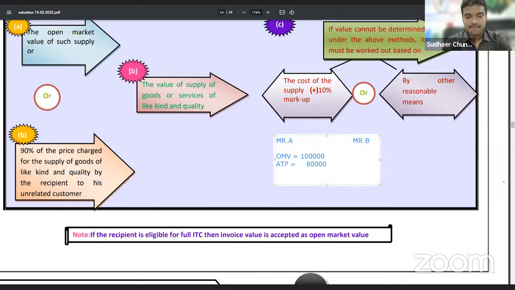If Mr. A and B are related, now tell me, sir, on which value do we have to pay GST? On 1 lakh or 80,000? Whenever the seller and buyer are related persons, then what do we need to see? In such a case, the open market value will be regarded as the value of supply. So on 1 lakh only GST should be paid.